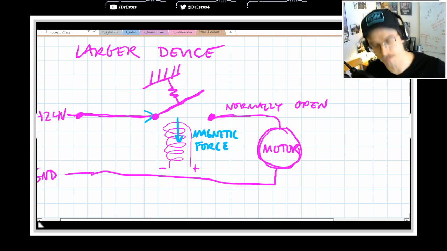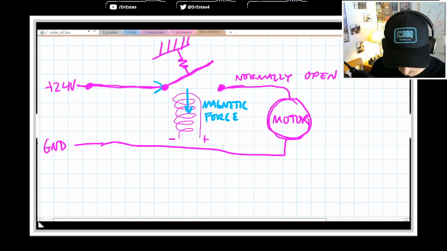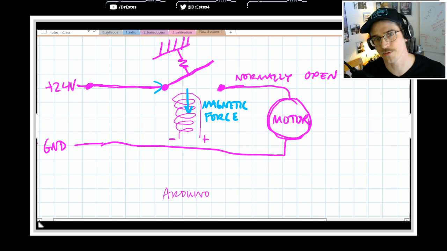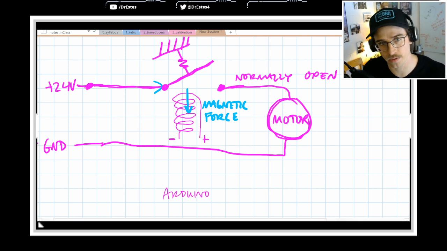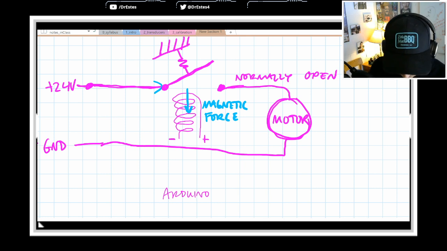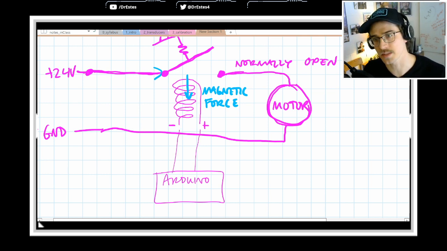Okay, so here's the beauty. You have your Arduino over here. And remember, it outputs very low power, so it can't power this motor. The motor needs 24 volts. But what our Arduino can do is provide enough power to turn on this magnet.